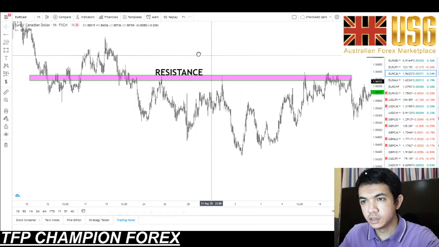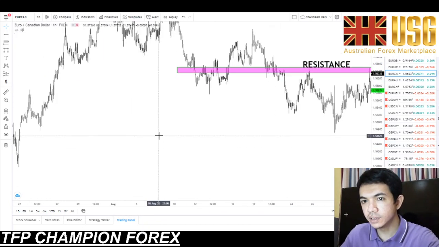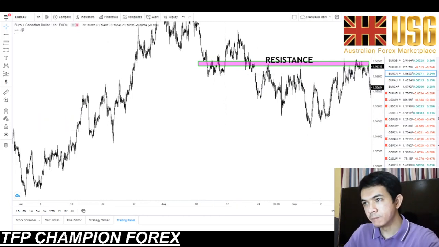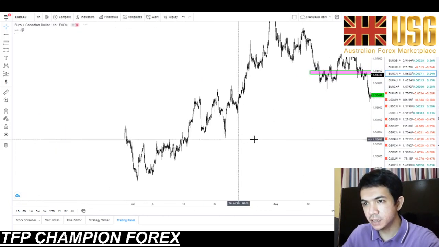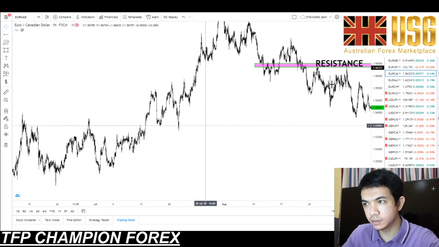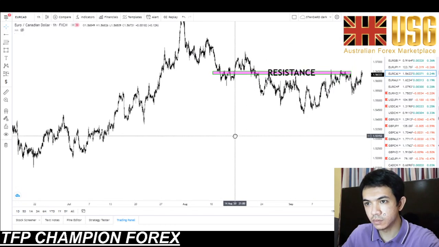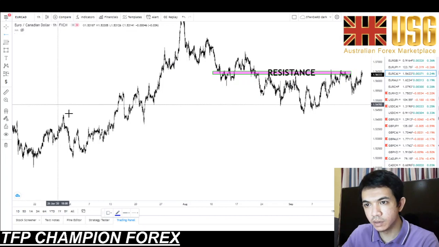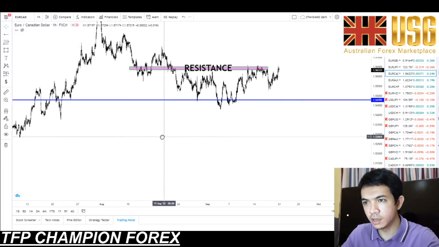So how about our support? Definitely you should check the past historical data to know if this is a key significant level of support. So we know this is our key support level or zone.